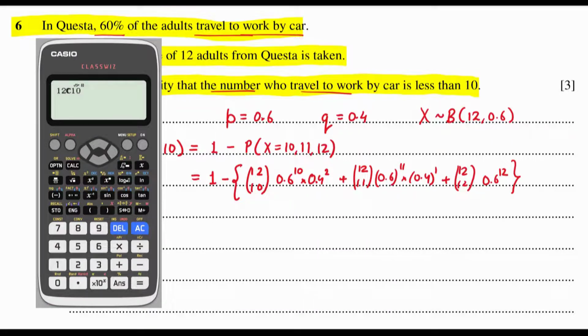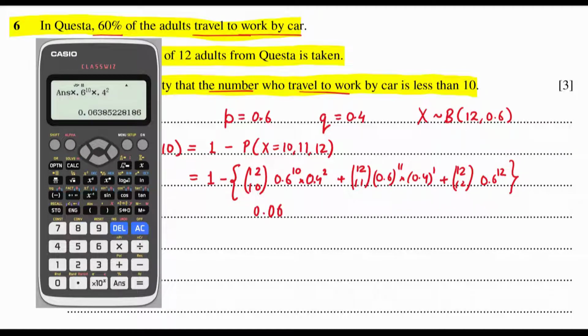12C10, and then we'll multiply, it is 66 multiplied by 0.6 to the power 10 and multiplied by 0.4 to the power 2. It is 0.063638.